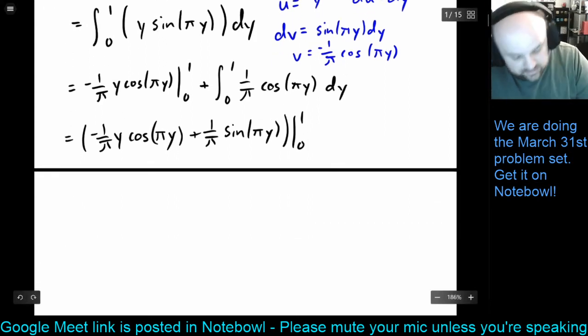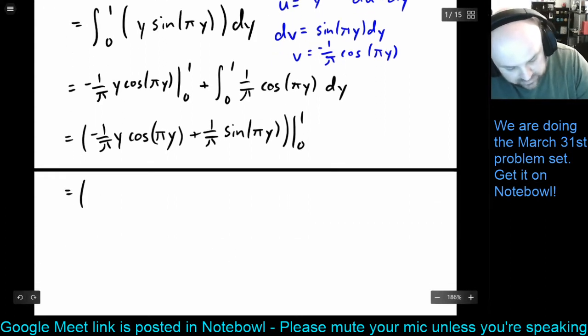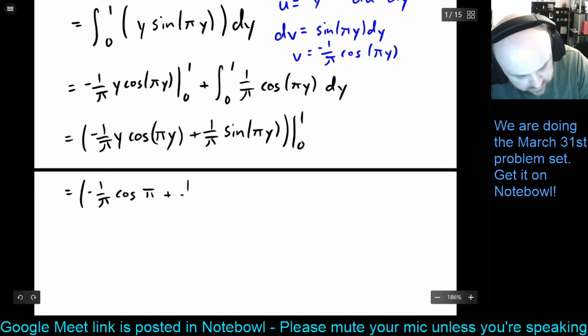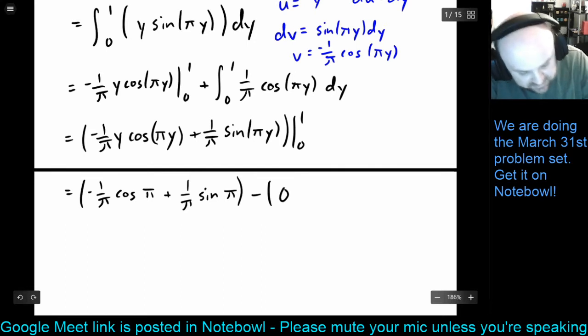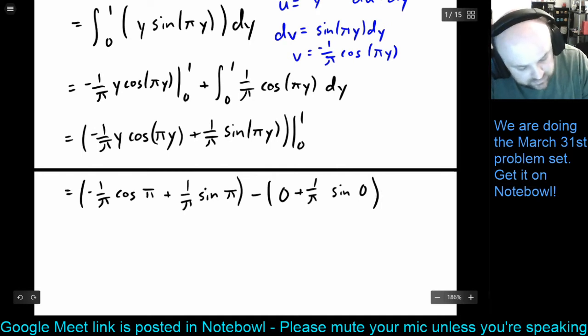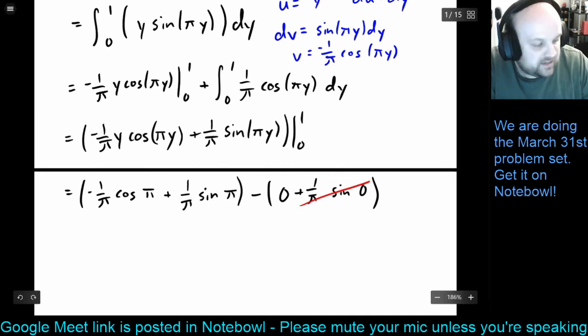All right, so plug in 1, we get minus 1 over pi cosine of pi plus 1 over pi sine of pi, minus plug in 0. First part's going to be 0 because of this. Second part is 1 over pi sine of 0. So this is gone because sine of 0 is 0.